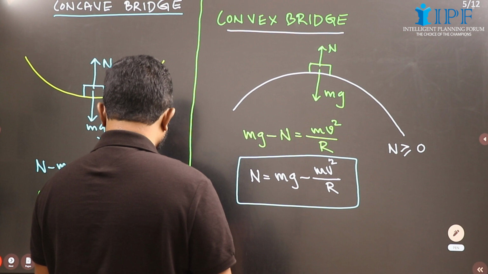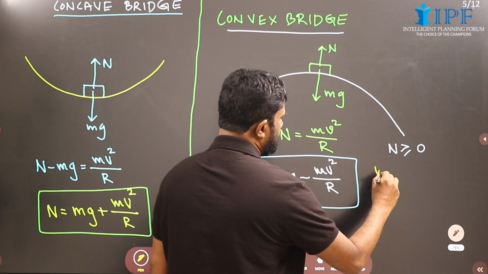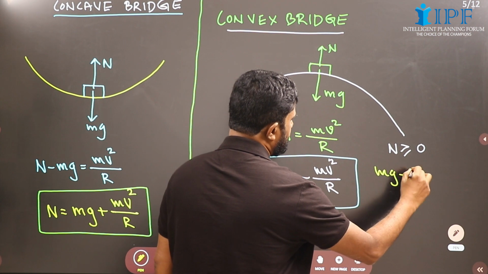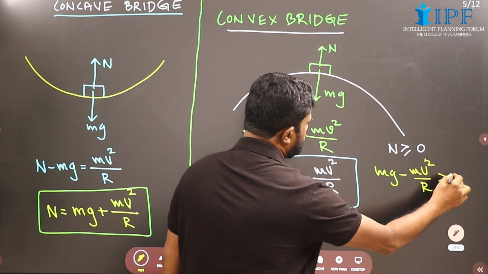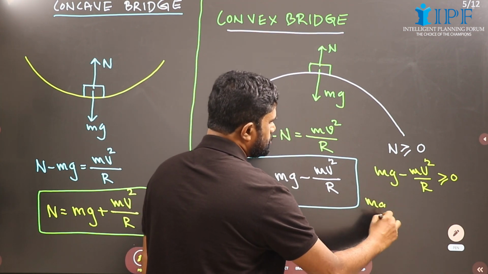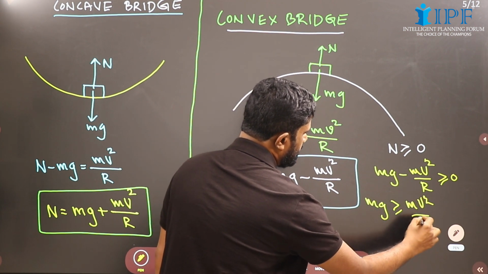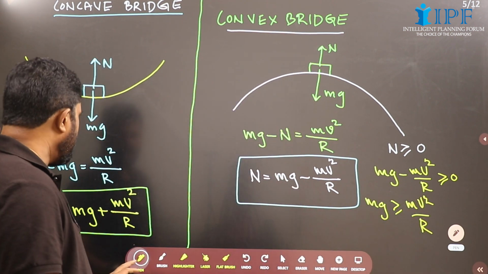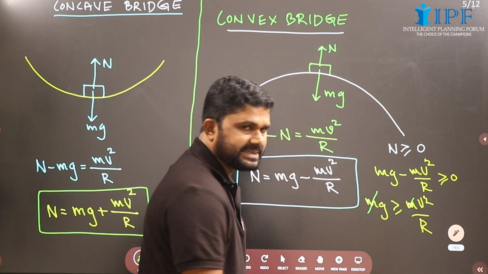So mg minus mv square divided by r should be greater than or equal to 0. So mg should be greater than or equal to mv square divided by r, and this m and this m can be cancelled.